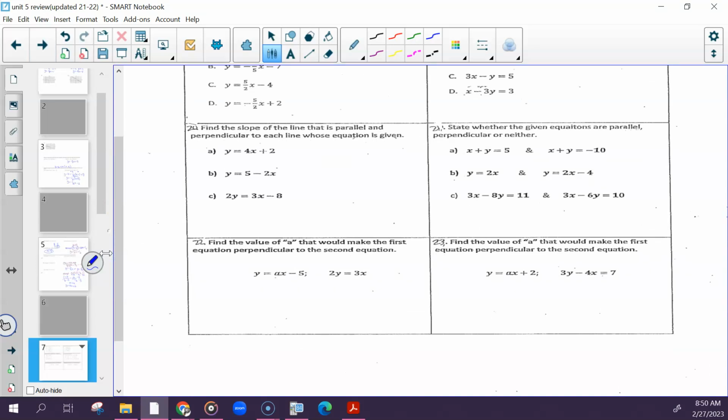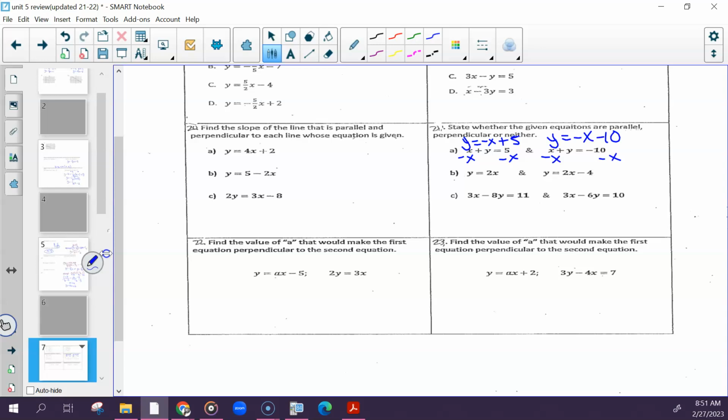Alright, so we have to state whether these equations are parallel, perpendicular, or neither. If they are not already solved, we'll have to solve them. So like A, we'll have to solve. Get rid of your x. I'm going to do that on both. So those two new equations would be y equals negative x plus 5 and y equals negative x minus 10.